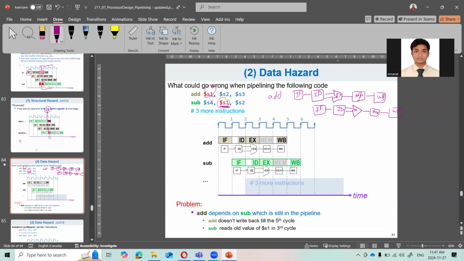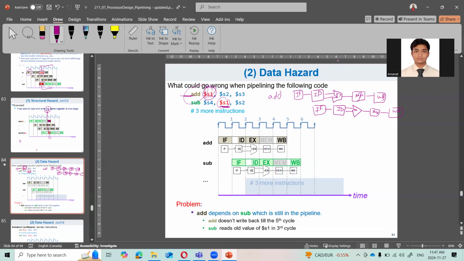So when do we have the answer for add in the register? Can anyone say? When do we have the S1 value updated?